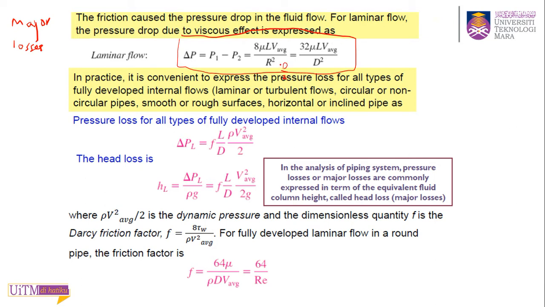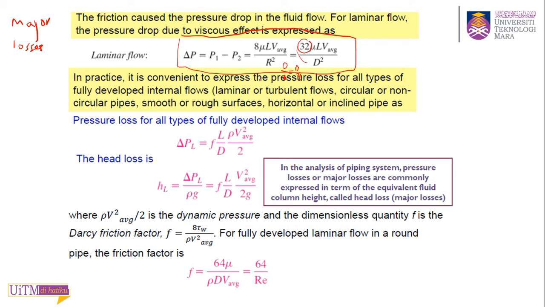Since R is D over 2, R squared will be D squared over 4, and if you bring the 4 up to the upper position, that's why you get the 32 here, 8 times 4. So you can use any equation, whether you want to use the radius or the diameter. This is the equation when your flow is laminar.